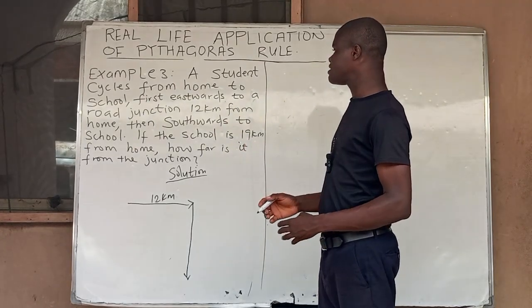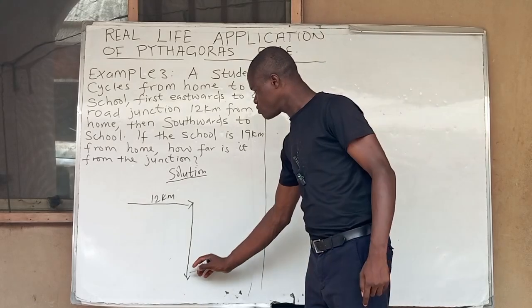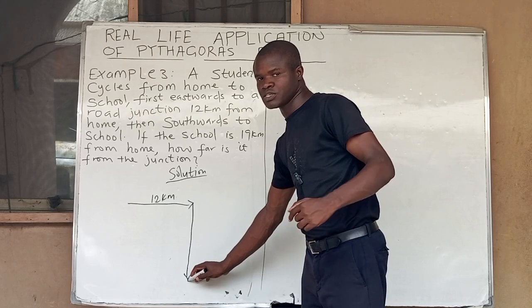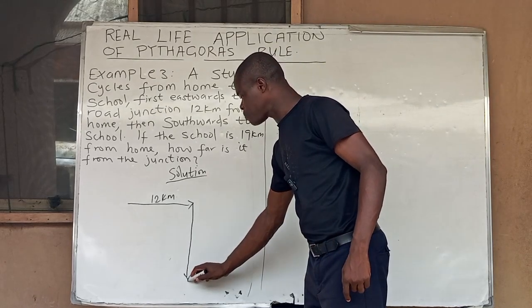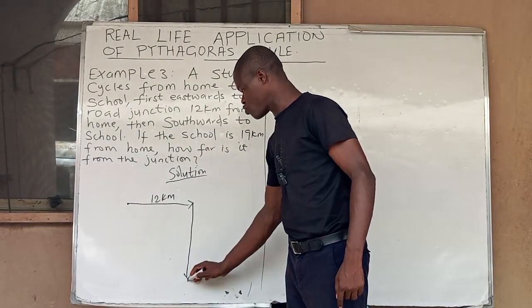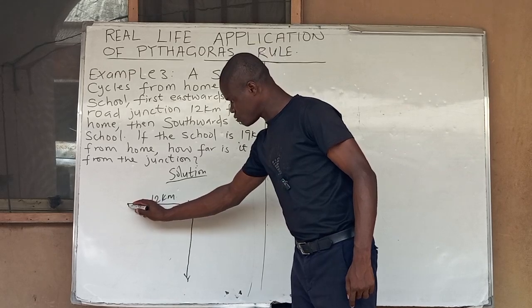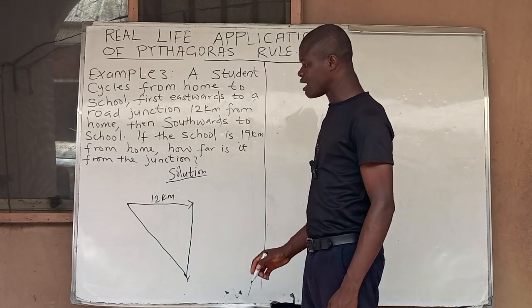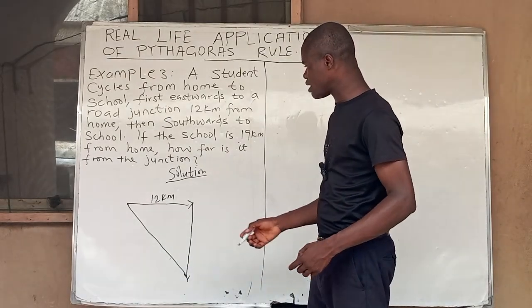If the school is 19 kilometers from home, so this is his school because this is his final destination. And this point is 19 kilometers from home. This was his home, and this is school. So we can join here with a straight line, giving rise to a right-angled triangle.